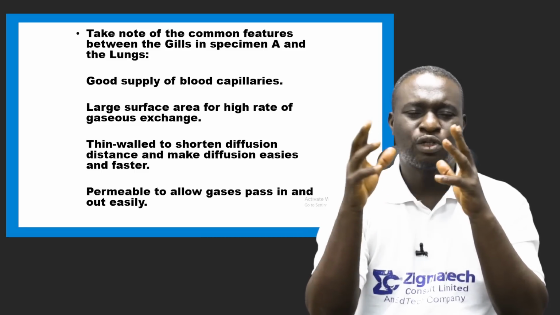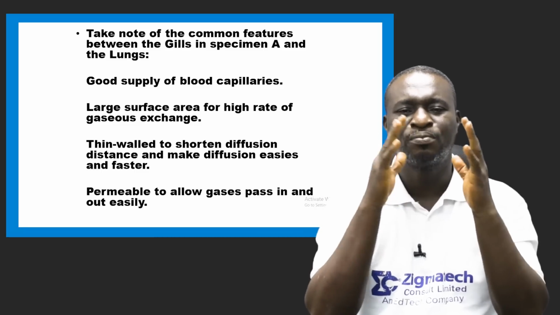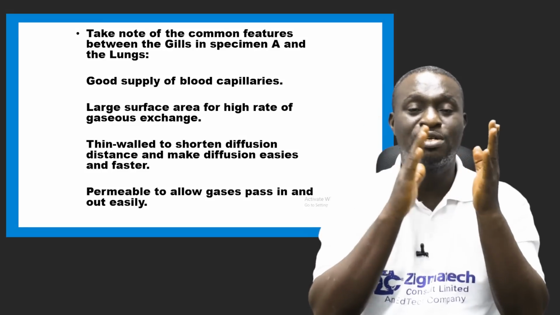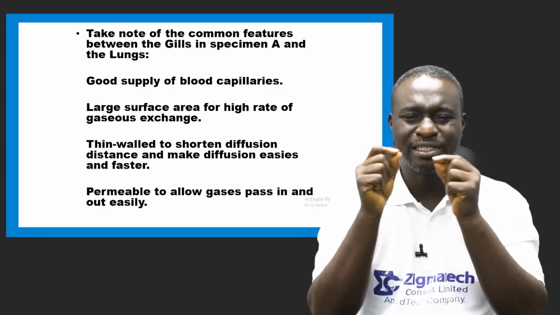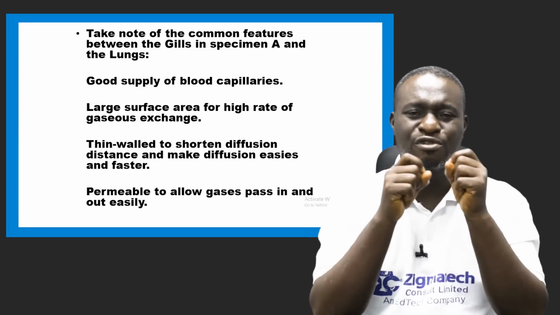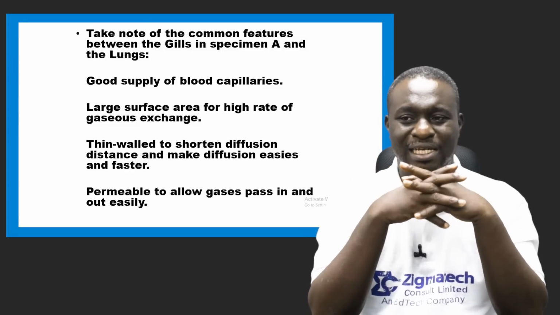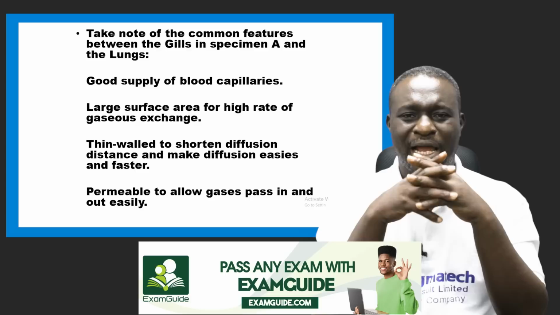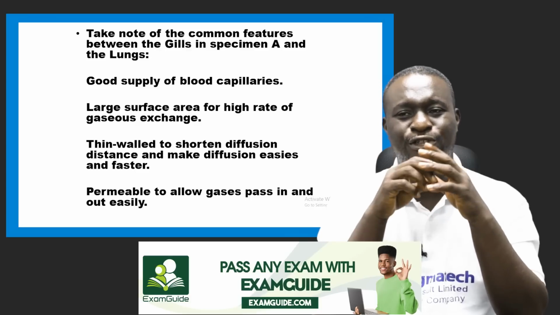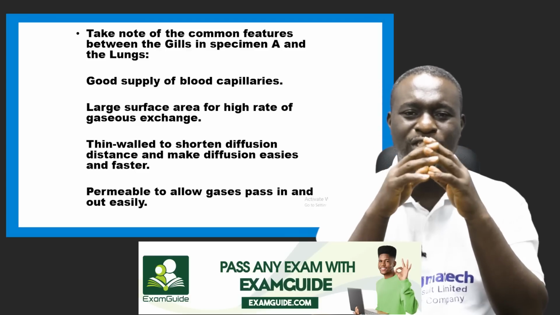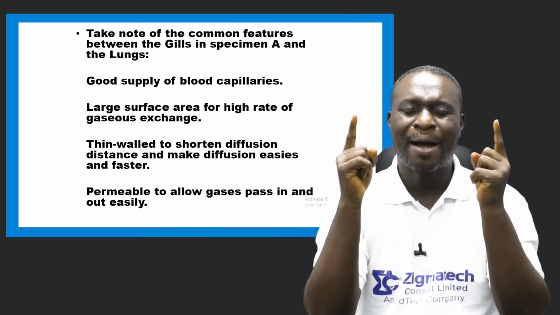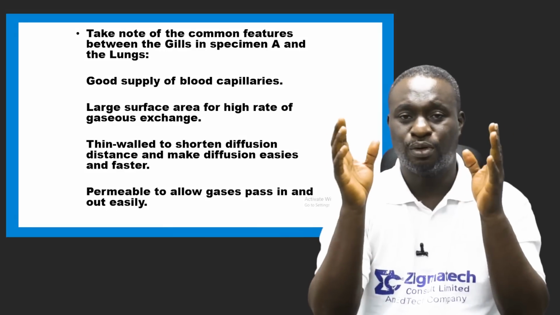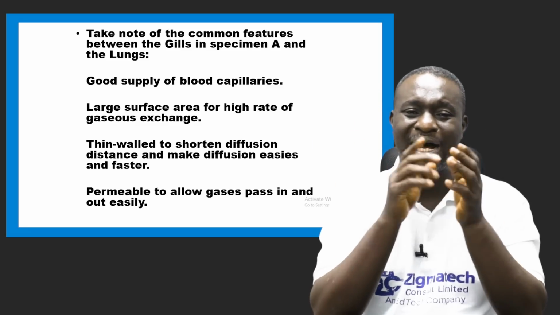Number 3, an important common feature between the gills and the lungs is that they are both thin walled to shorten diffusion distance and make diffusion easier and faster. Number 4, the fourth common feature is that both of them are permeable to allow gases to pass in and out easily.